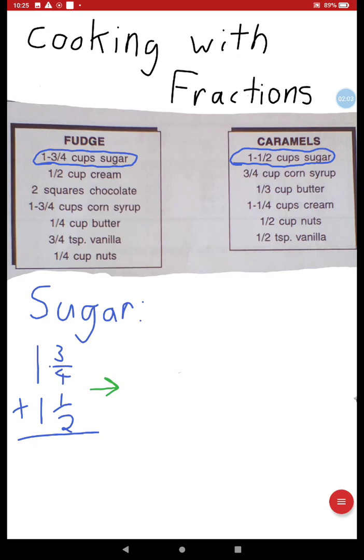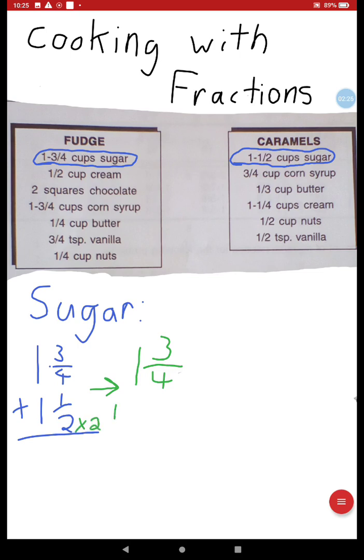If I'm looking for a common denominator of fourths, do I need to change that? No, I don't. I can keep it as 1 3/4. But 1 1/2 I need to change. How can you change a 2 into a 4? Very good. Multiply it by 2.